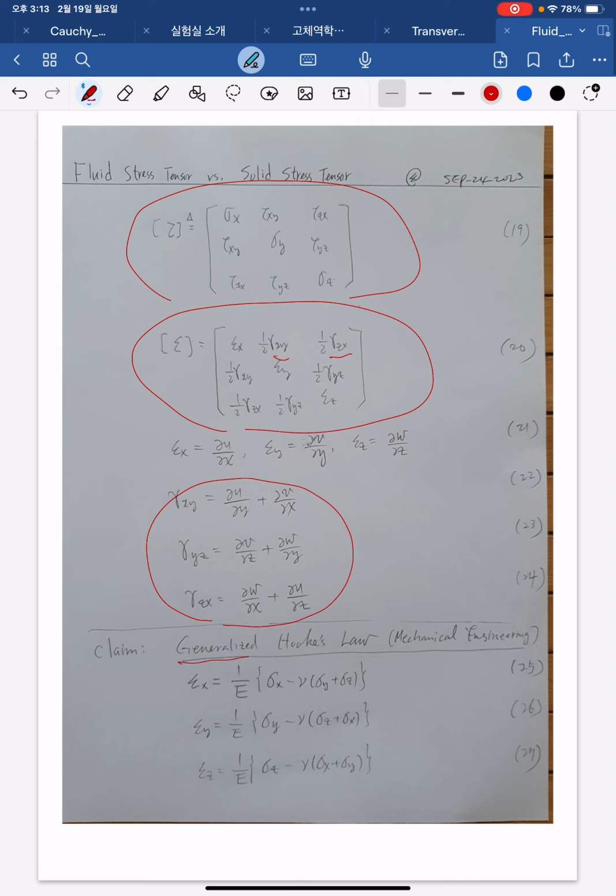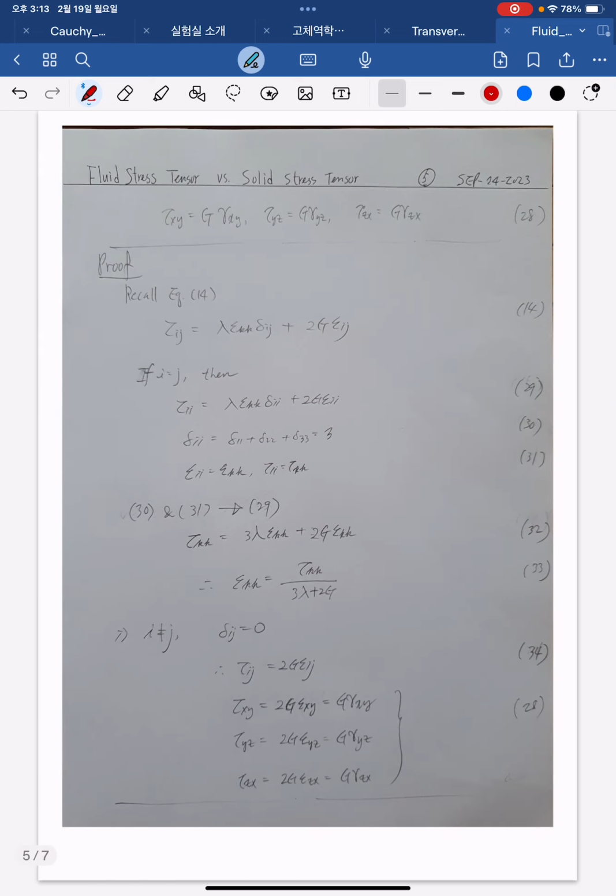Then the generalized Hooke's law is given by these equations. This generalized Hooke's law can be derived from equation 14. Then we have some tensor manipulations.